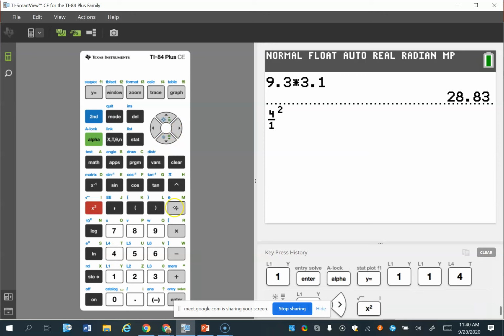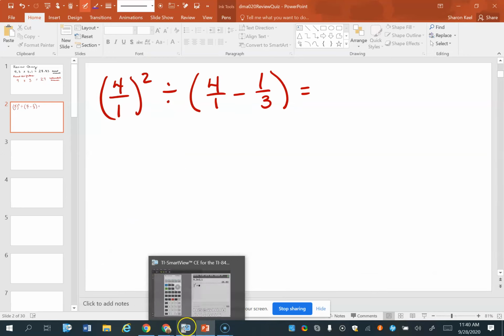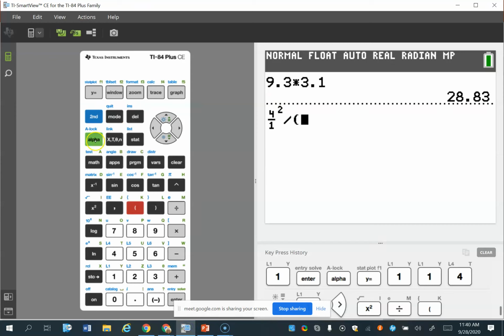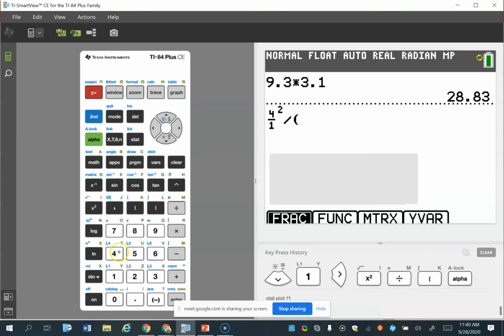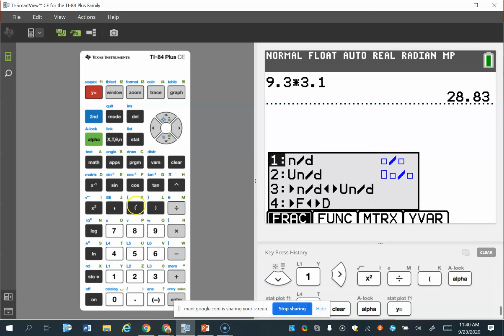Then we have divided by, and then we have a parenthesis, and we have 4 over 1 minus 1/3.